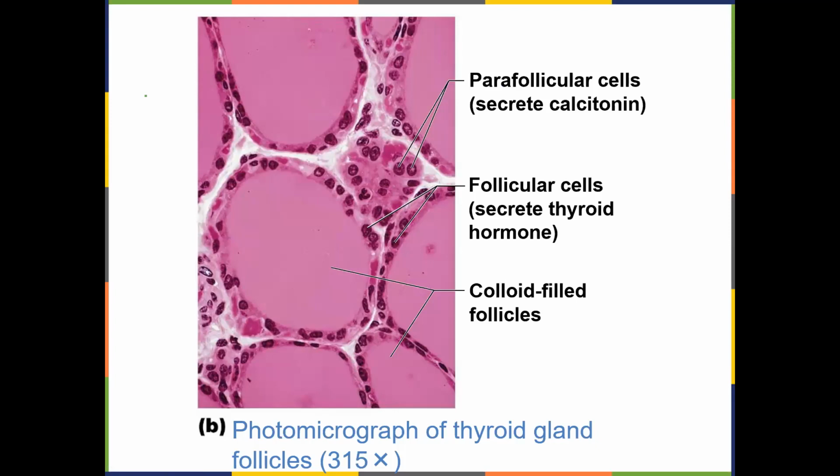Now, at the edges of these different follicles are the parafollicular cells. The parafollicular cells make the hormone calcitonin. And that section over here, sort of like in the corners, if you will, are where the parafollicular cells are located, because the follicle cells are going to be surrounding every one of these follicles.